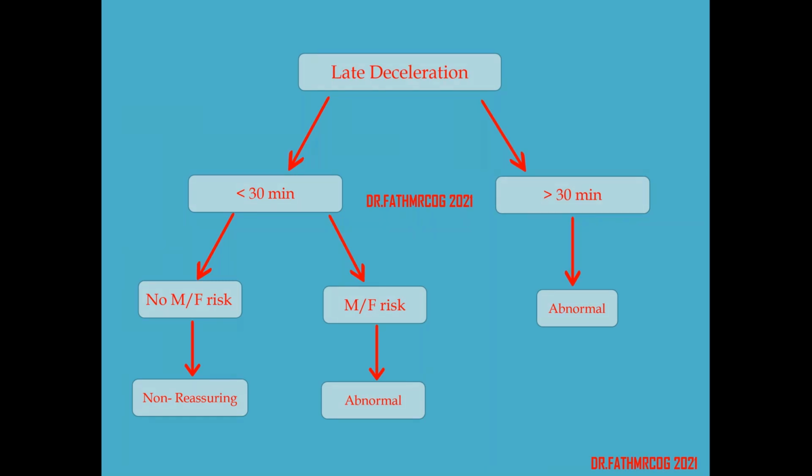Look for the variability: is it less than 5 or more than 25? It is very important to look at the type of variability. If the variability is less than 5, the duration is 30 to 50 minutes. This is very assuring.